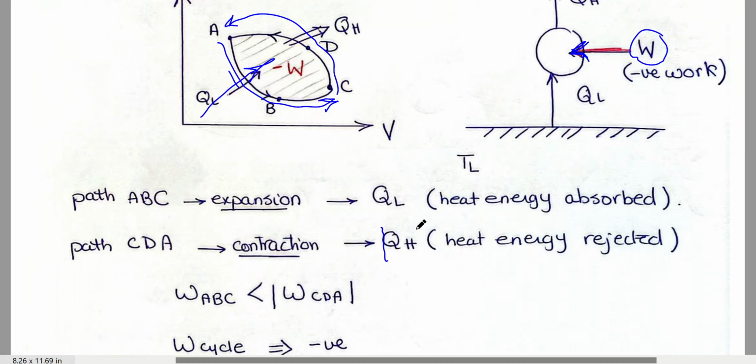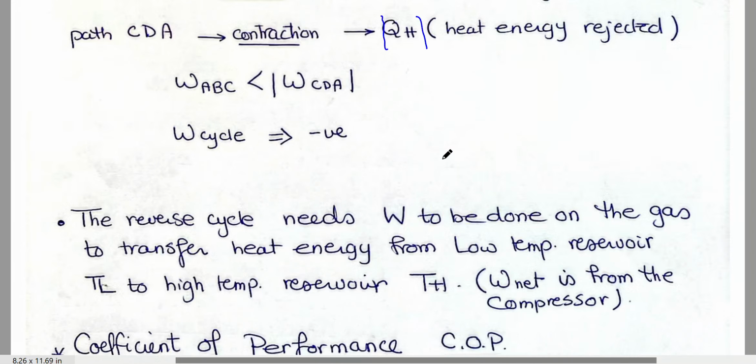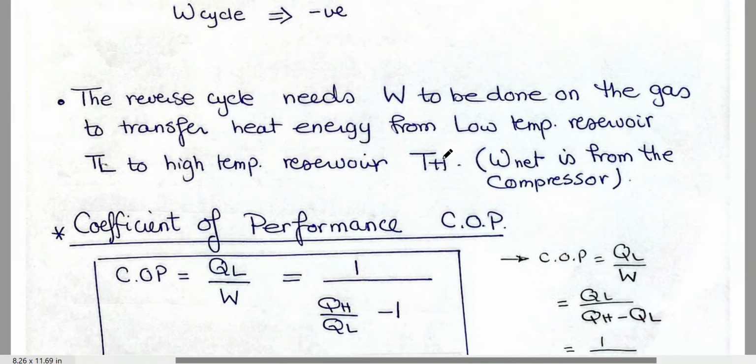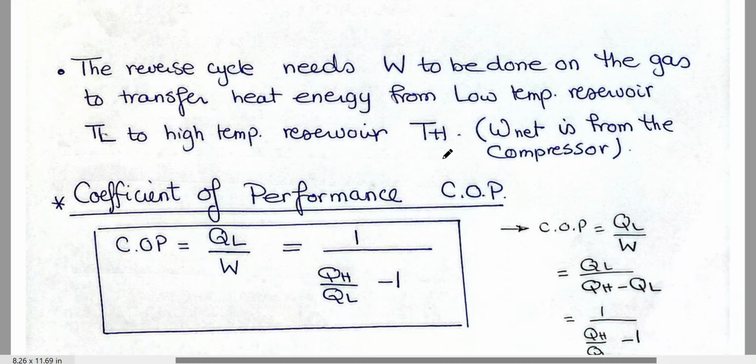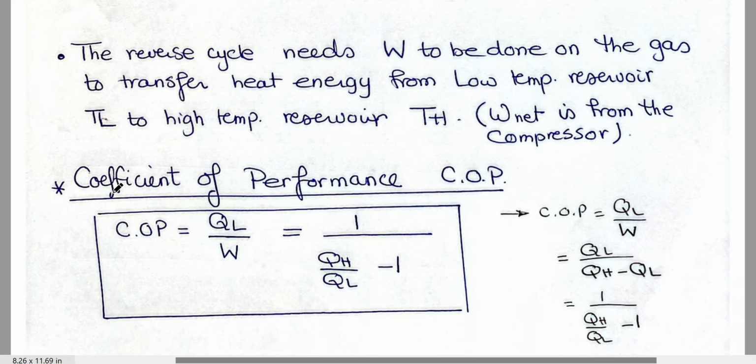Of course, we mean the amount of heat. Now the work of the cycle is negative, and we want to explain the performance of the refrigerator using the coefficient of performance.